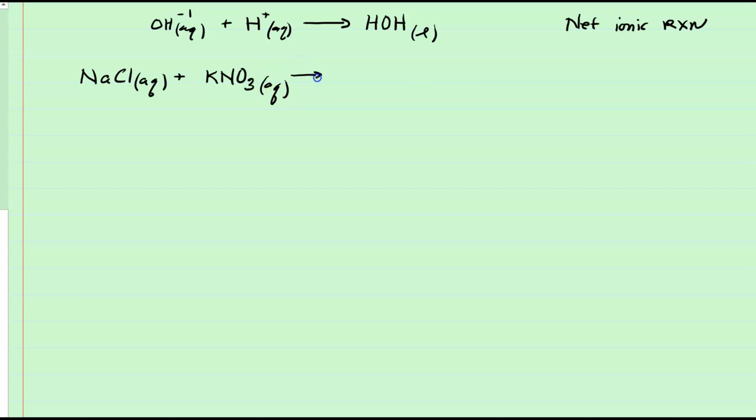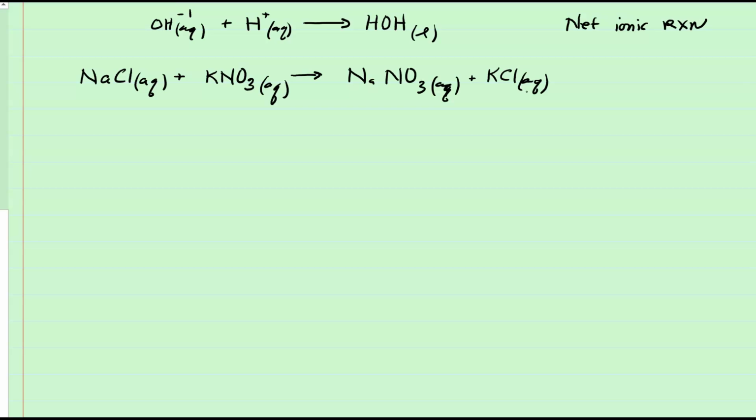And again, effectively, the ions change partners. So we would end up with, for example, sodium nitrate in an aqueous solution plus potassium chloride in an aqueous solution.